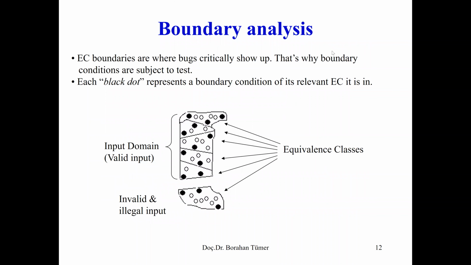Right. Well, let's look at the boundary analysis now. Here, we said that theoretically the black box testing hypothesis is that for each equivalence class we have to determine a representative input, and when we test the system with that representative input, it should be enough for the whole equivalence class.